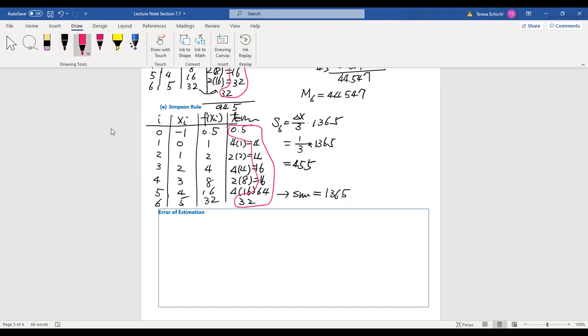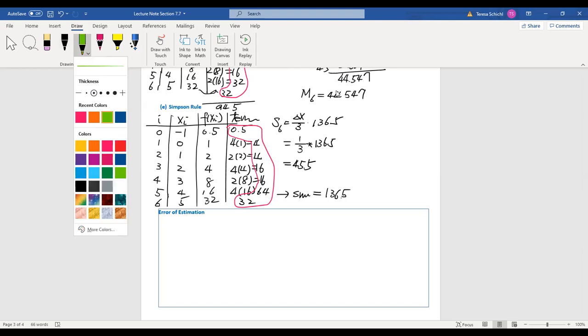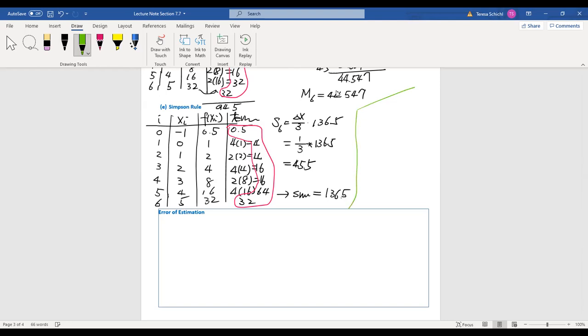Okay, so now let's take a look. This is really cool. Since we already know how to do the integration algebraically, we have the formulas, right? So I can do that. It's the integral from -1 to 5 of 2 to the x dx.